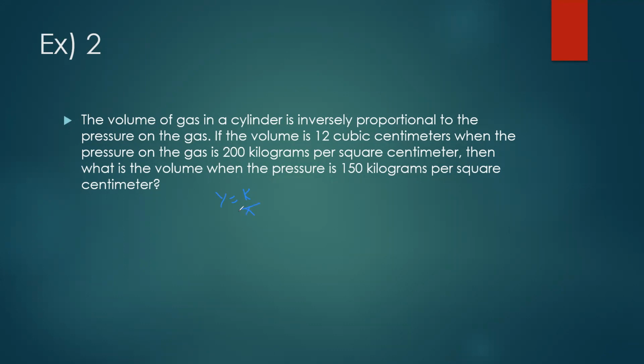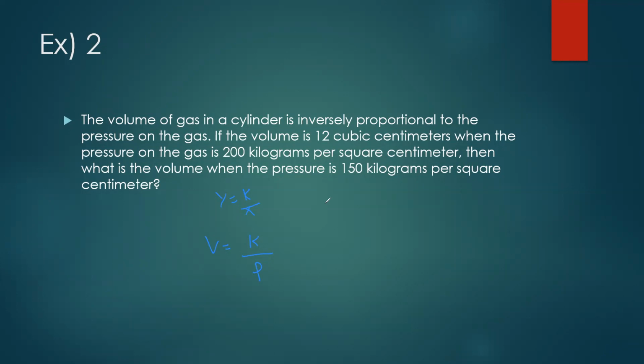The thing is, we're not going to use y or x. Instead, we're going to replace y with V, leave k alone, and our x will be pressure. So this is the equation we're going to use, and then we're going to solve for k.